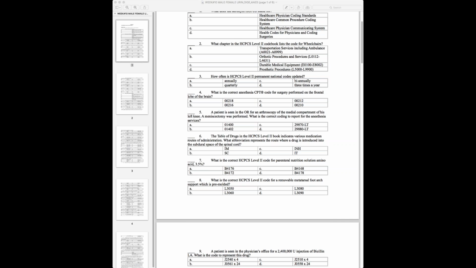Okay, number 45. Let's see. Patient with a previous cesarean. Remember VBAC. There's a section for VBAC. Hopefully you're in the book also. Go to the page that has those for the maternity care and delivery.